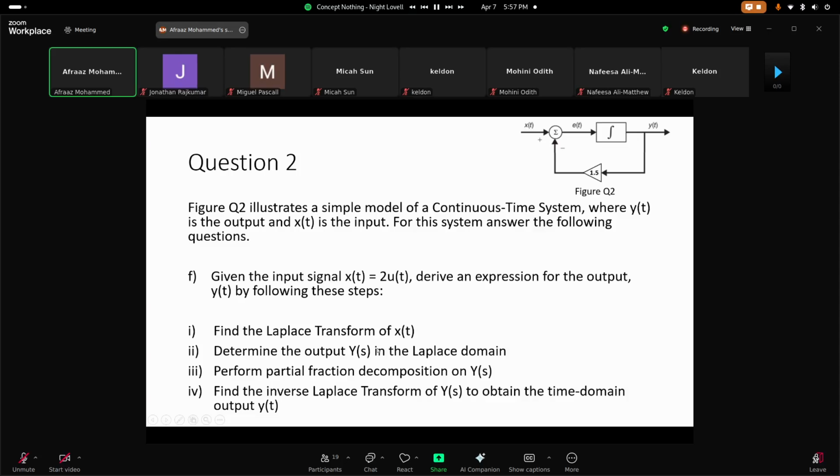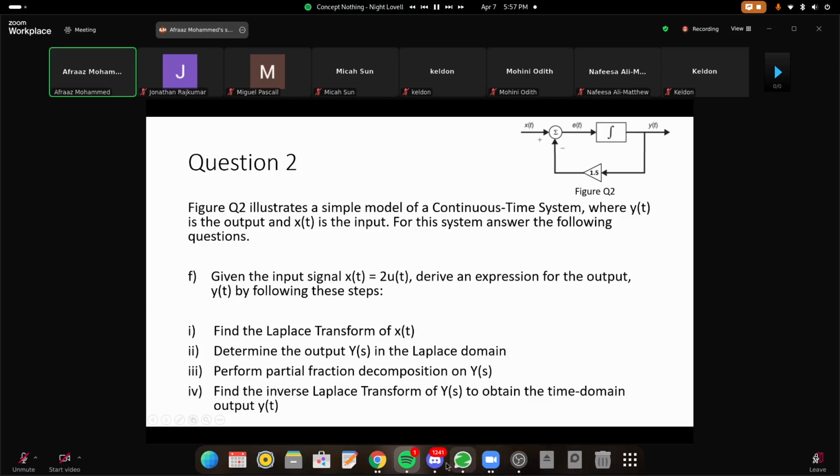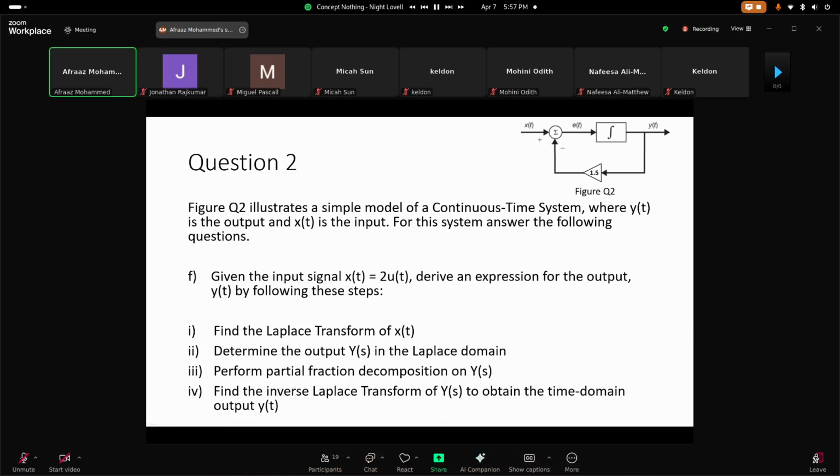First, find the Laplace transform of x of t. Then determine the output Y of s in the Laplace domain. Thirdly, perform partial fraction decomposition on Y of s, and finally, find the inverse transform of Y of s to obtain the time domain output.